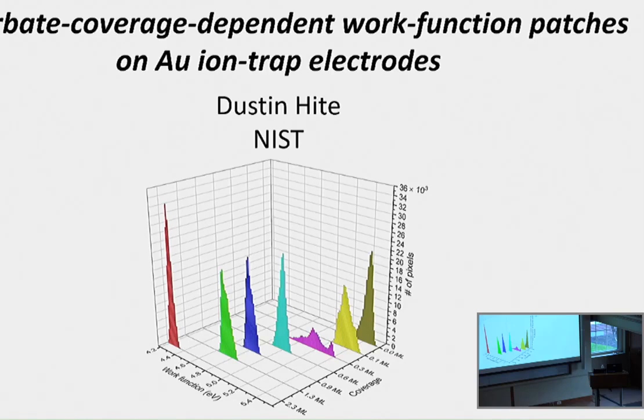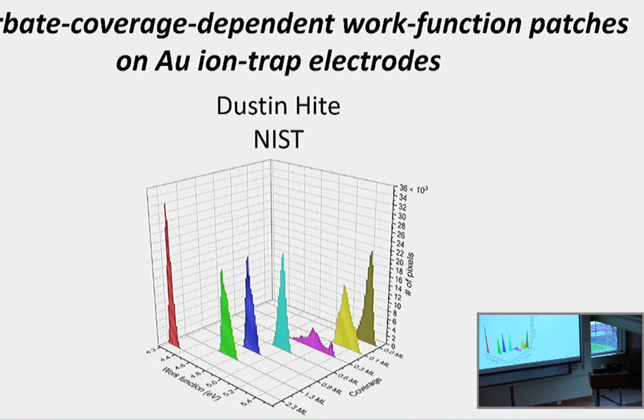This is from an actual ion trap that started off dirty with 2.3 monolayers of carbonaceous coverage, and then it was incrementally removed by ion bombardment to see what happens. And something pretty interesting happens here.